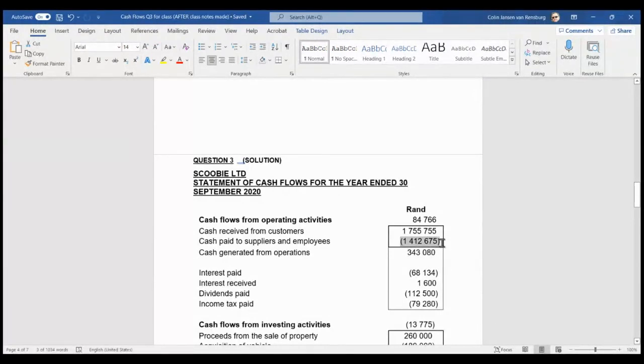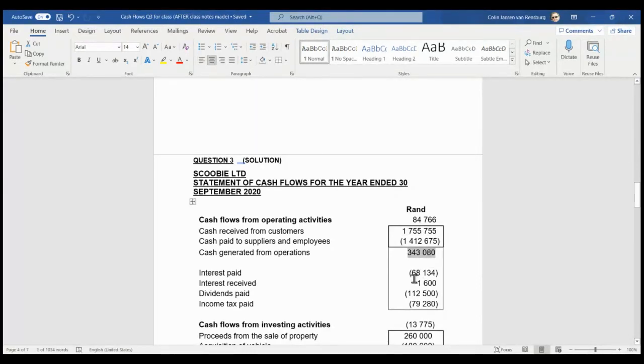Now, ladies and gentlemen, we can either go and calculate our cash received from customers, or we can go and calculate our cash paid to suppliers and employees. The easier one of the two is the former. So it's much easier to go and calculate that than to calculate that. So in Financial Accounting 2, we are going to calculate the cash receipts from customers, and the cash paid to suppliers and employees will then simply be the difference between that figure and the figure that we've already calculated.